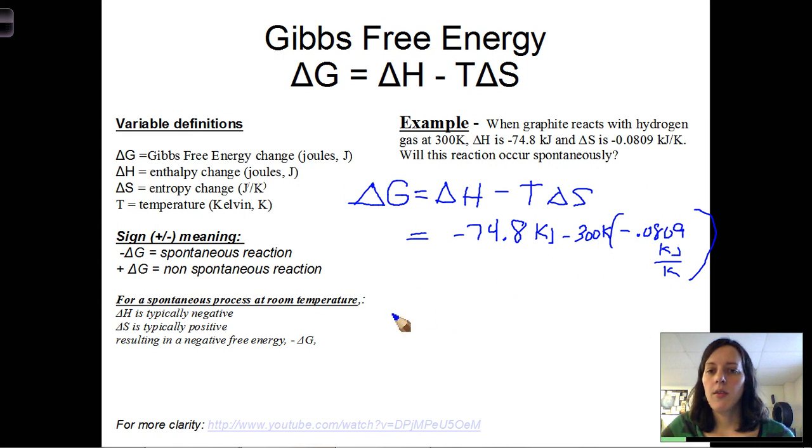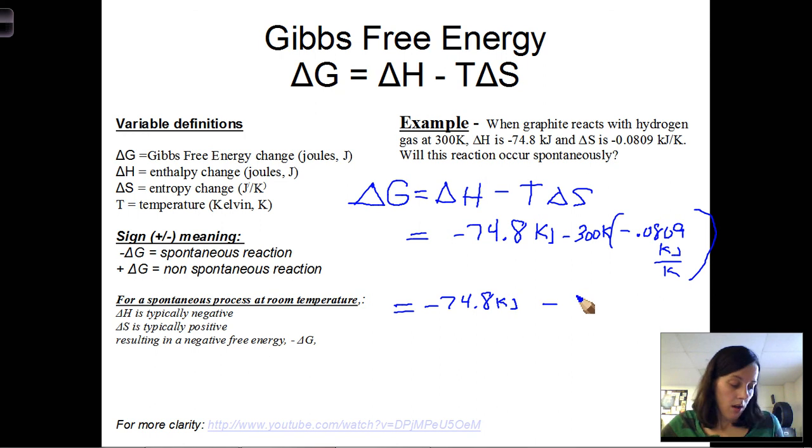Alright, so now to do this math out, we have minus 74.8 kilojoules, subtract 300 times that value, comes up to be negative 24.27. Kelvin divided by Kelvin cancels out, so now your units are kilojoules.